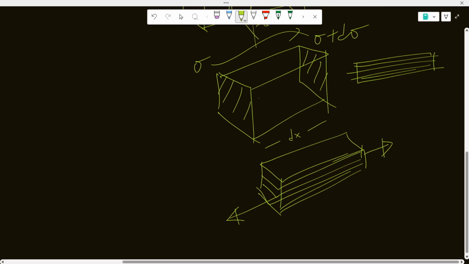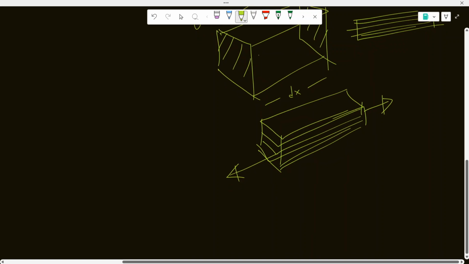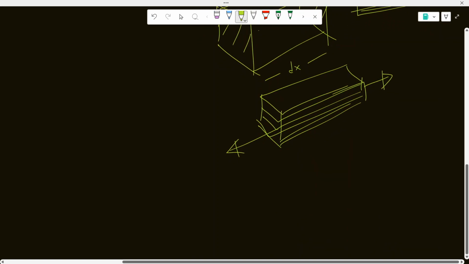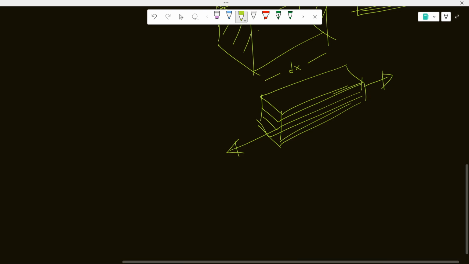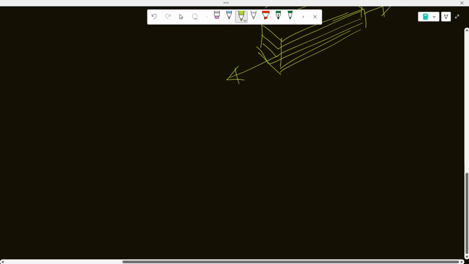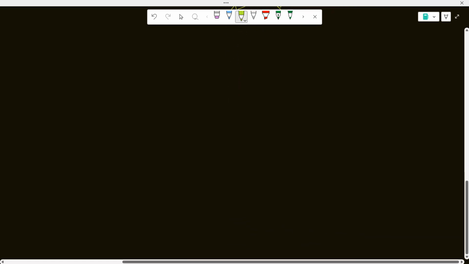So let's derive the formula, and I believe that as we derive the formula, we would get a better understanding of what we are doing here. So let's go.